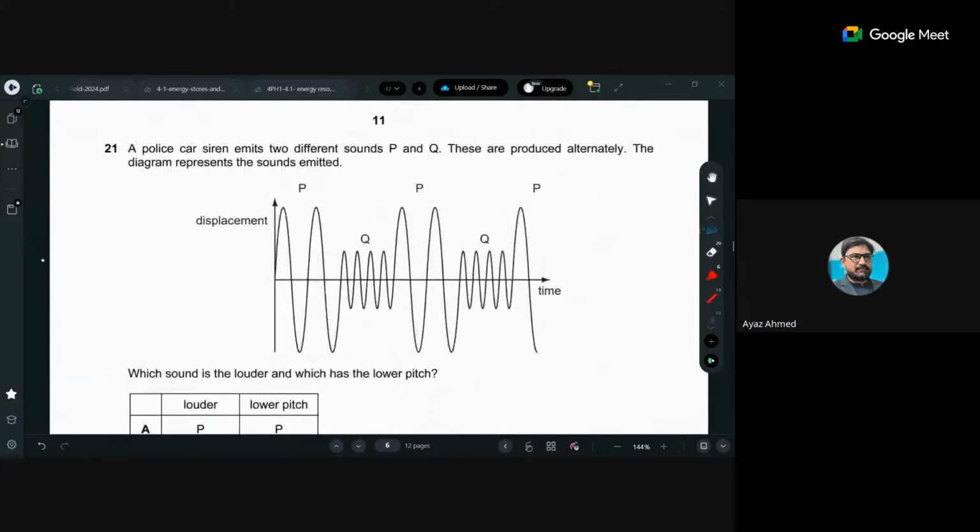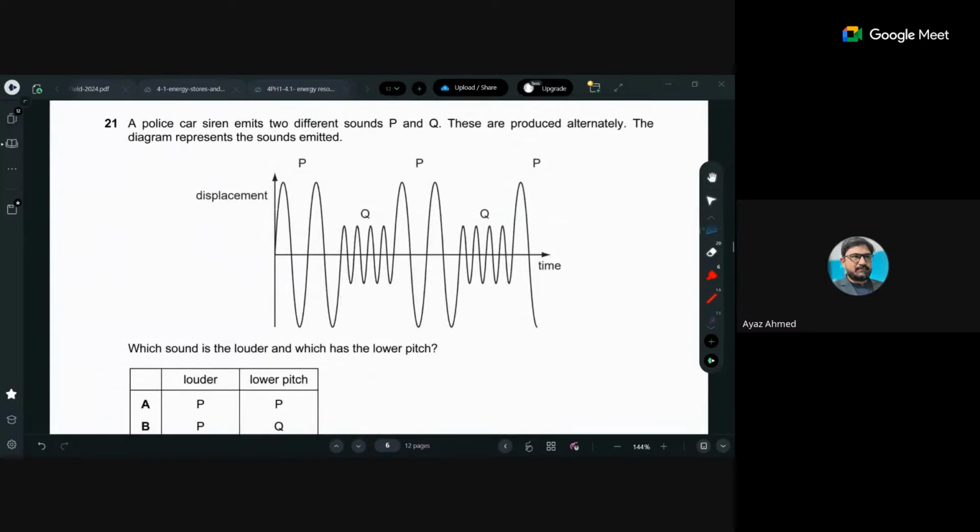Now, question number 21. A police car siren emits two different sounds, P and Q. These are produced alternately. The diagram represents the sound. P is here, then Q, P, and Q. Oh, wow. What a question.